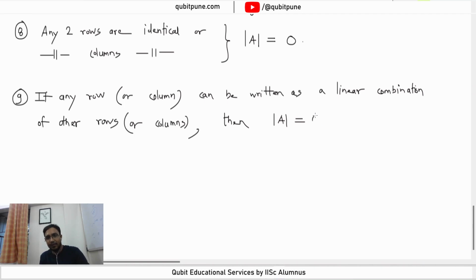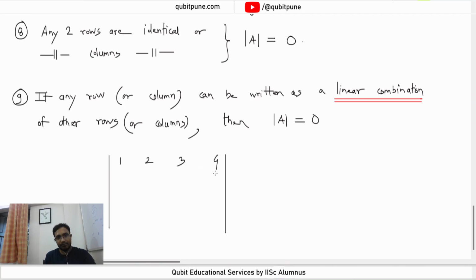Do you know this property or not? Do you understand linear combination? If you don't, please tell me, I will explain. You don't understand? Yeah, sure. See, suppose I take a 4 by 4 determinant, and I know that this determinant is 0.